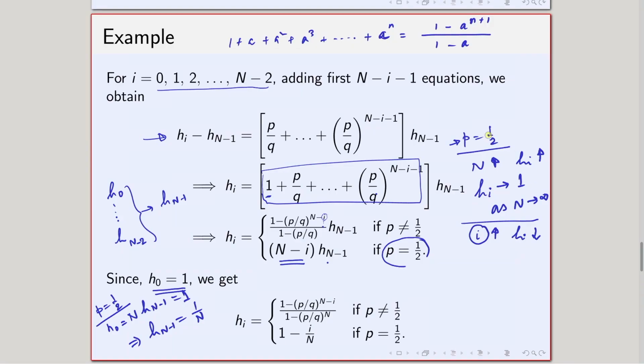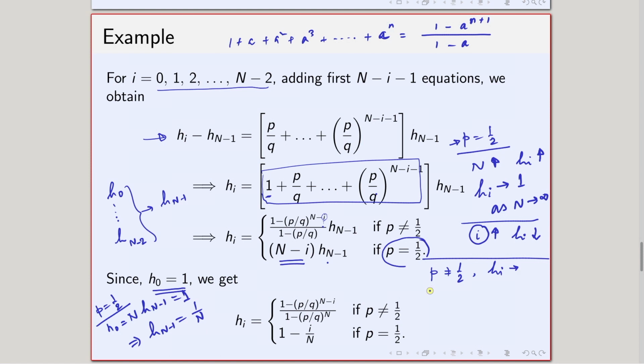This conclusion is not only true for p equals half. Even if p is not equal to half, the same conclusion holds.